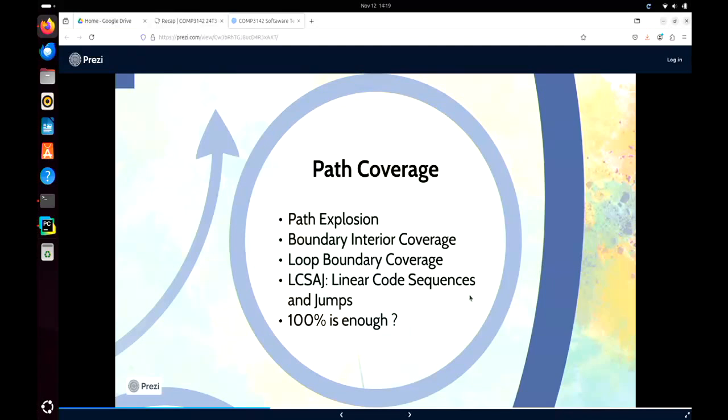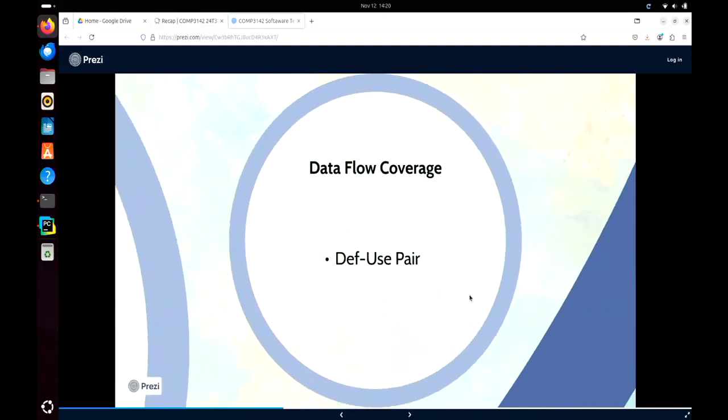Although the test suite can achieve 100% path coverage, you can modify the program to inject an error which is not detectable by the test suite, right? So 100% path coverage is still not enough, because it's only about control flow, and we need to have some knowledge about the data flow.